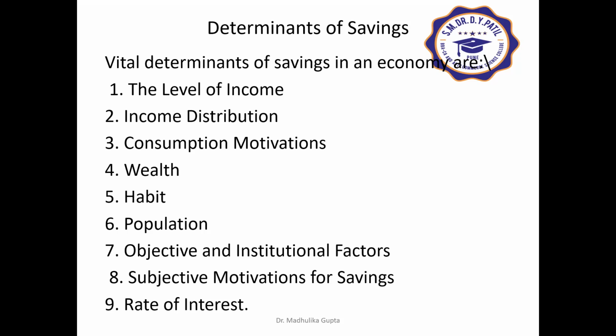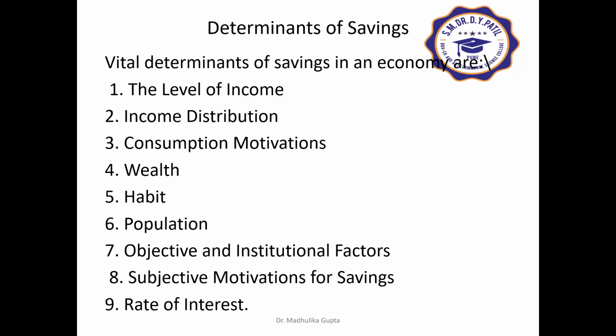You may have foresight to provide for a future need, a daughter's wedding, children's education or buying a house. Or you may want to enjoy interest in larger real consumption at a future date. You calculate that if you save this much, this interest will be received in so many years. So that also is a subjective factor.